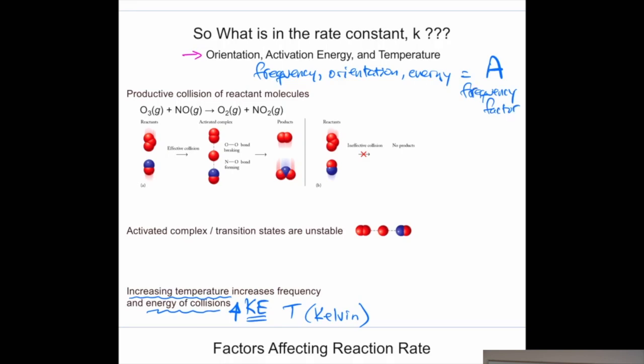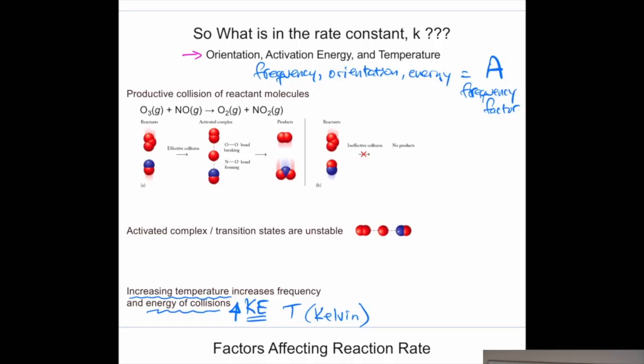And it accounts for all of that. We're not going to actually be doing any hard calculations with this, with A. All right? Some classes take you into that. I just want you to kind of know what A stands for, and you're going to see it come up in an equation real soon.